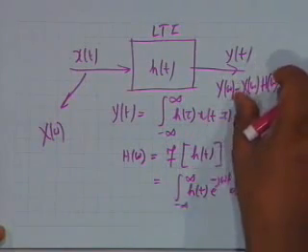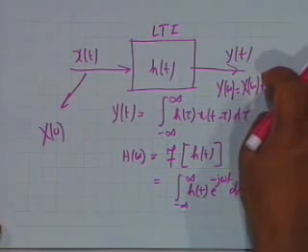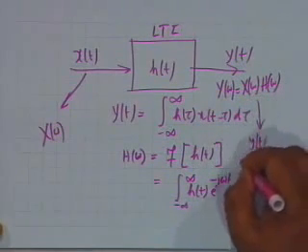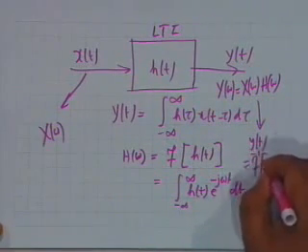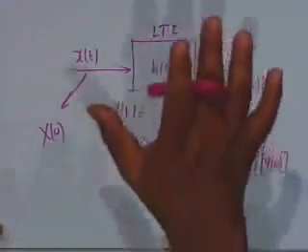Then you take the Fourier inverse of capital Y(omega) to obtain y(t). That is, y(t) is the Fourier inverse of Y(omega). Alright. This is an extremely important method of linear system analysis, LTI analysis.